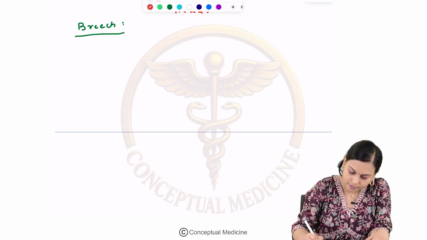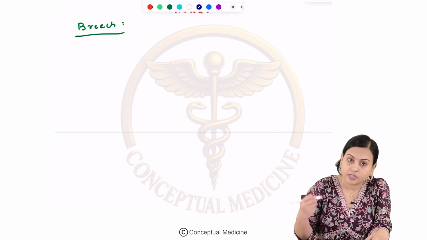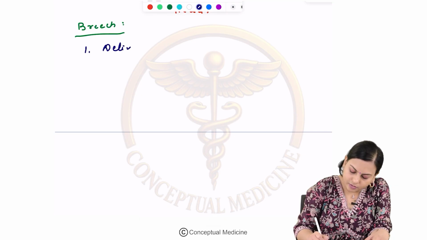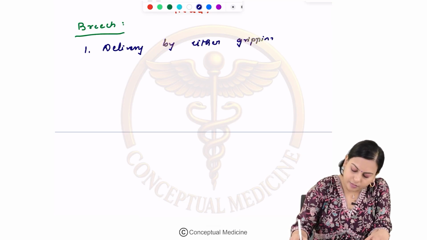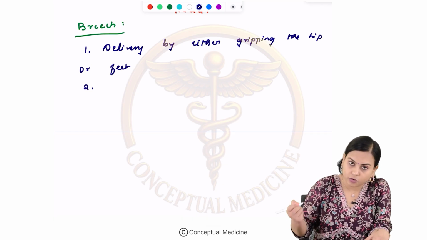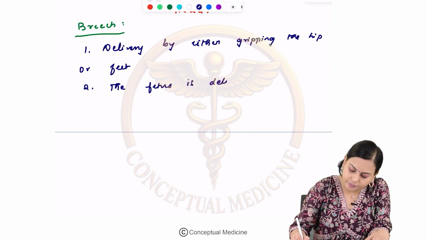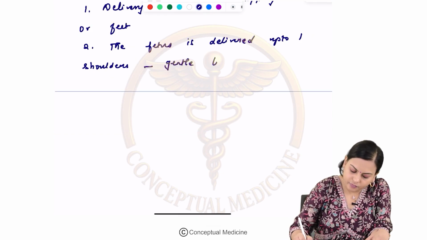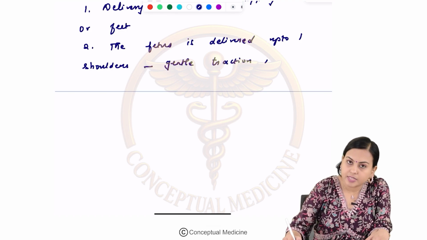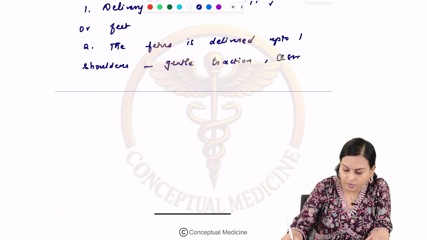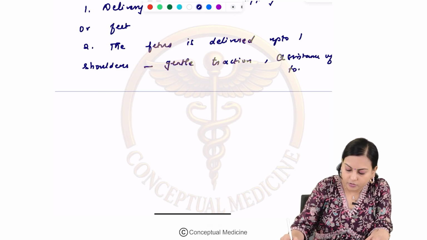Number one, we have to deliver the fetus by either gripping the hip or feet to bring the fetus out of the uterus. Then the fetus is delivered up to the shoulders with gentle traction, and sometimes with the help of a towel to get a very good grip.